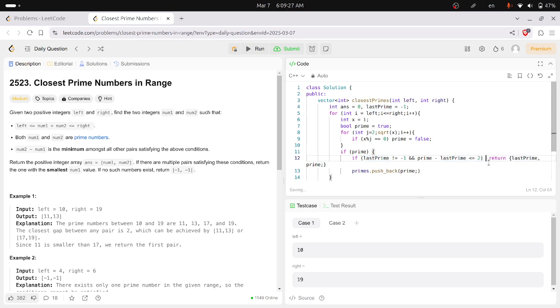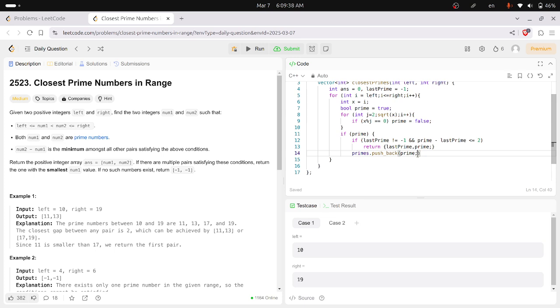If that's the case, then I will return this. Even if it is not the case, I'll store it in the last prime variable anyway. So how do I do that? Last prime equals prime.